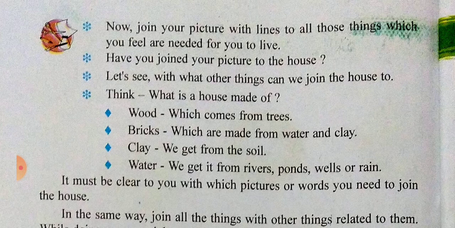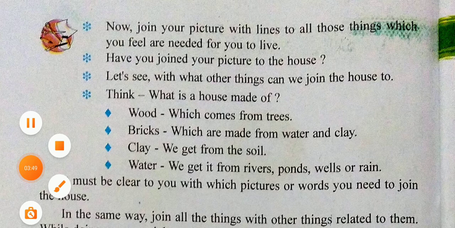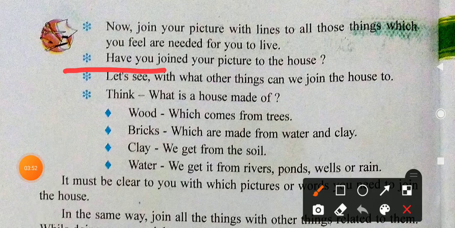Have you joined your picture to the house? Let us see with what other things we can join the house to. Think, what is a house made of? Yes, I joined my picture to the house because a house is a basic need.